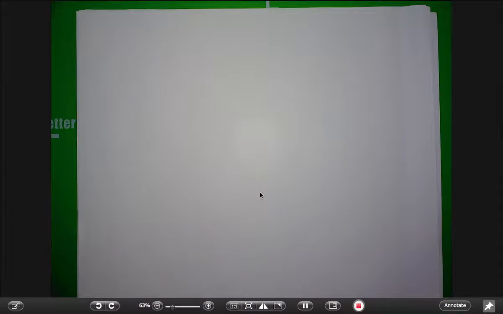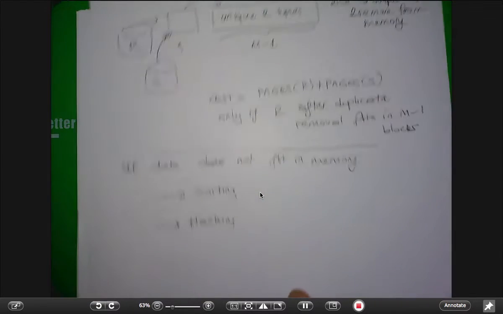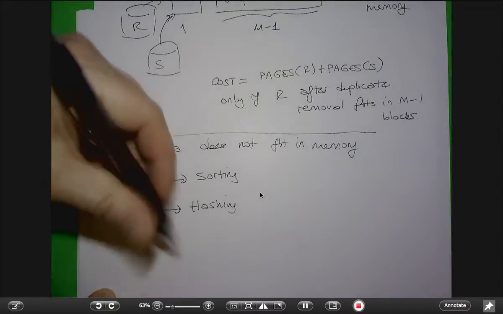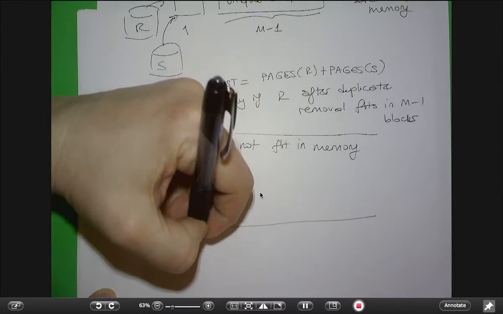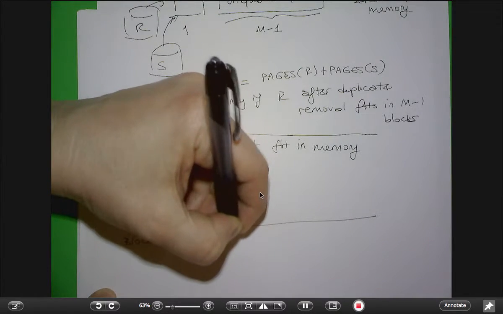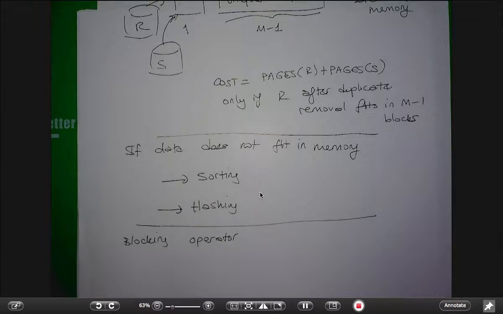And keep this in mind for every single operator that we see, whether the operator is blocking or not. That means that to be able to output even one tuple, if I have to first read all the tuples of the input relation, then that's a blocking operator, right?